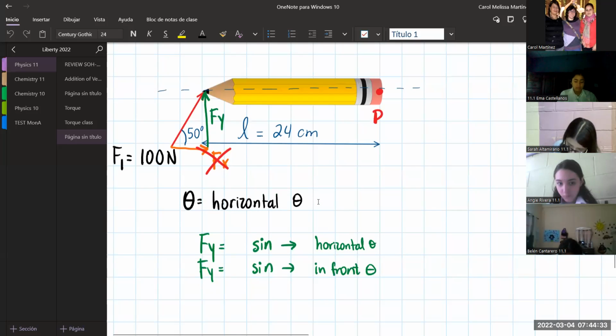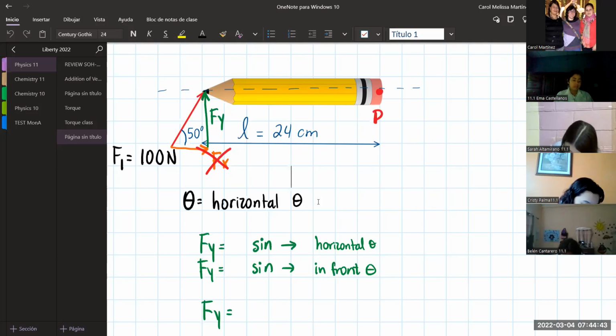So we say Fy is equal to, what's the formula to get Fy? Hypotenuse, sine of the angle.